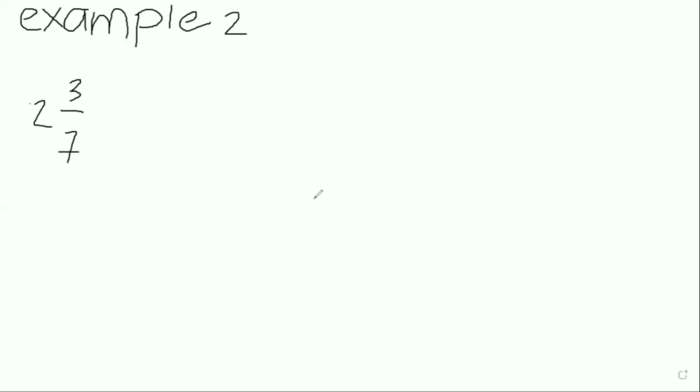Our example number 2 is 2 and 3/7. So once again, the first thing to do is to multiply the denominator with the whole number. So that is 7 times 2 equals 14.